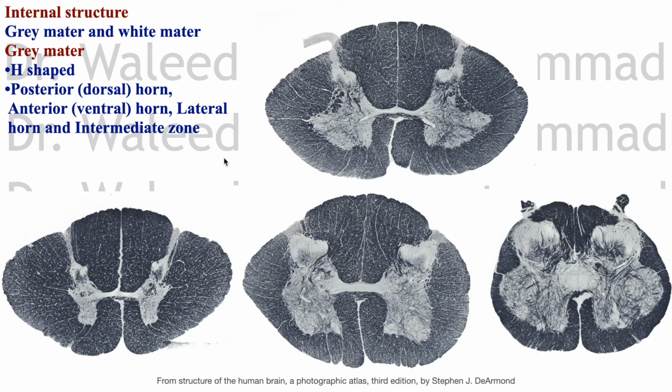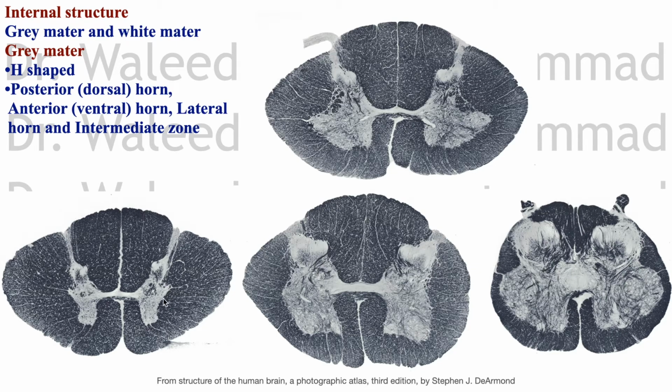Now, if you take a look at the internal structure of the spinal cord, with this type of stain, the gray matter appears light and the white matter appears dark. So this is the white matter of the spinal cord, and this is the gray matter in the middle. Opposite to the arrangement in the brain. It's roughly H-shaped and has a posterior horn and a ventral or anterior horn, and in the thoracic and upper two lumbar regions, it has an extra lateral horn.